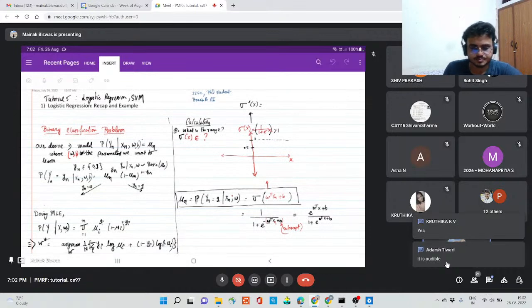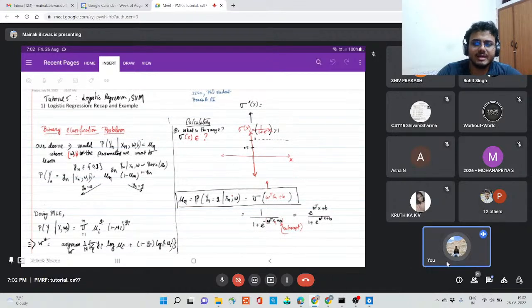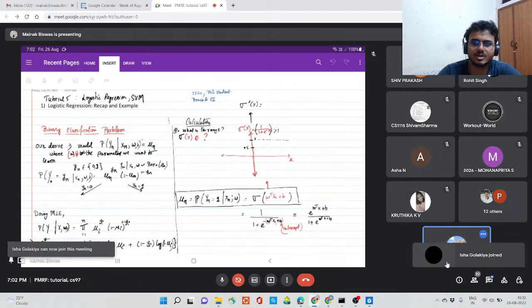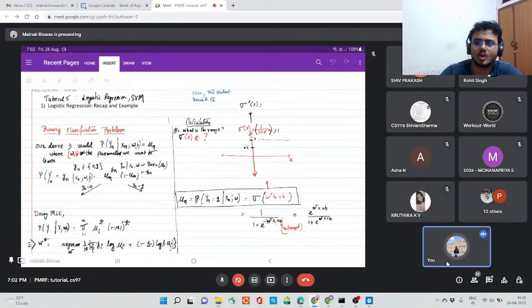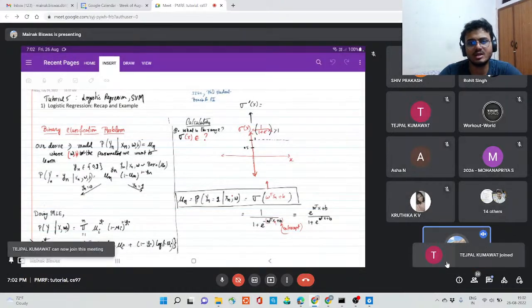Let's start. So today we'll be introducing the basics of the foundation for doing neural networks, because next week we'll be doing neural networks. We'll be doing logistic regression. That's the basics. That can be thought of as a single neuron in a neural network.